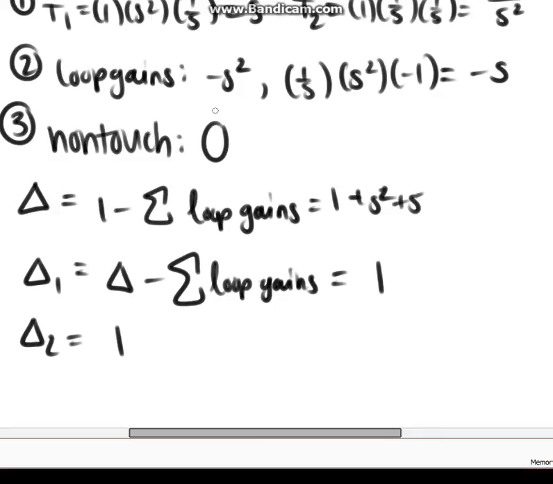But since there's only 2 loop gains and they all touch the forward path gains, we're left with 1.